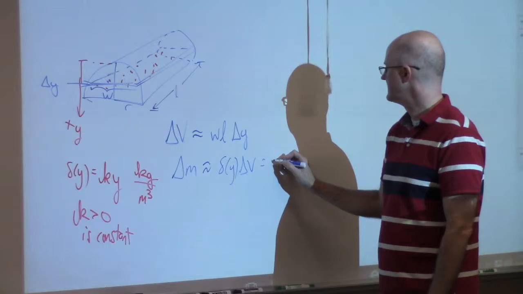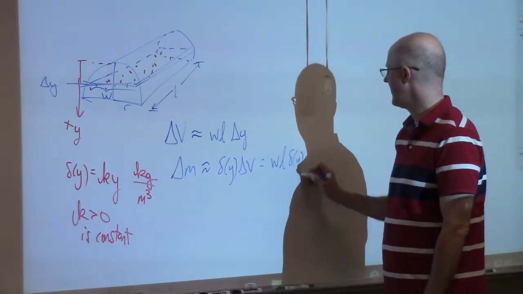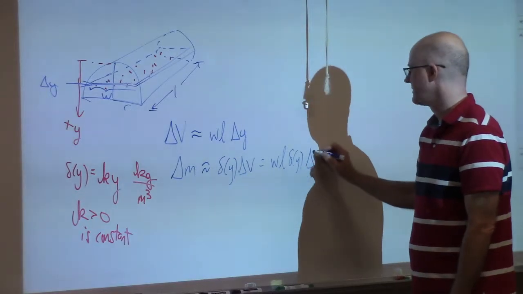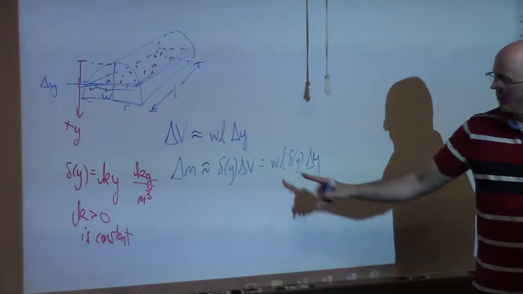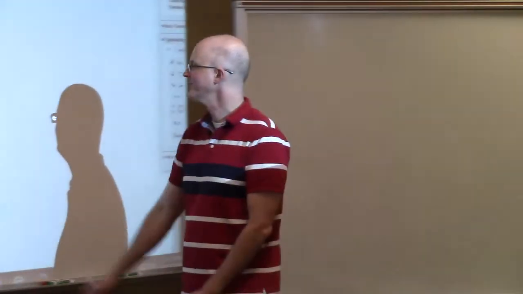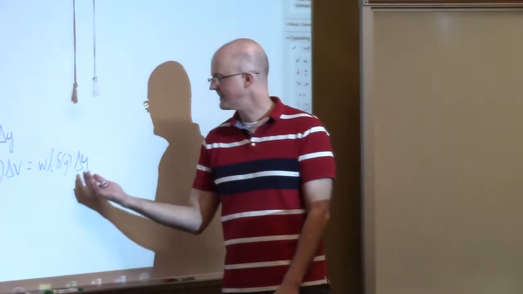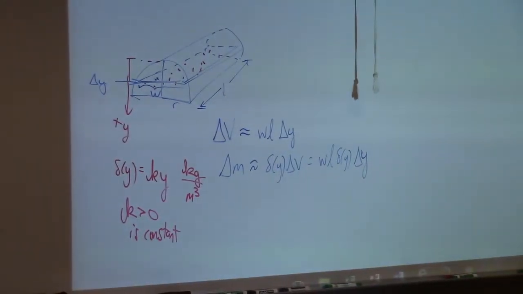So this becomes, when you plug things in, W times L times delta of Y times delta Y. Again, we got two deltas in here. The lowercase delta is the name of the function representing the density. Capital delta there goes next to this delta Y, that's the thin height of the slab.